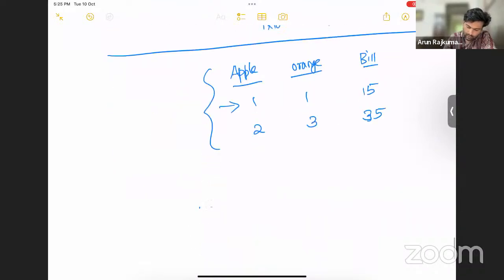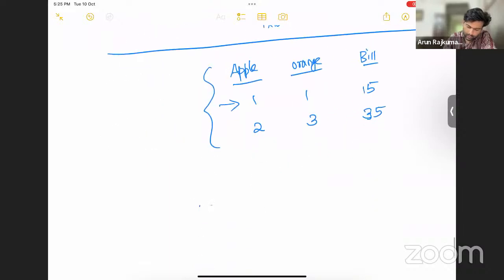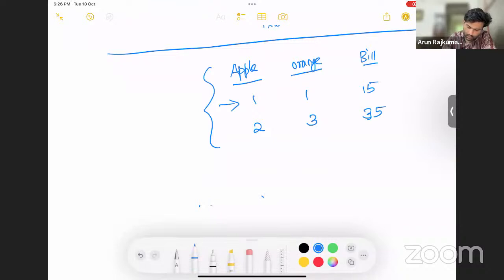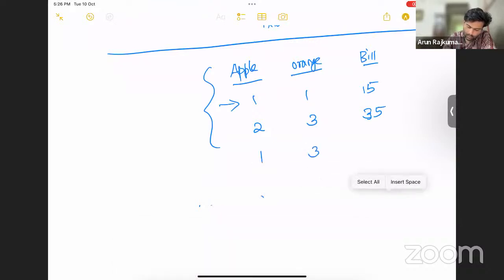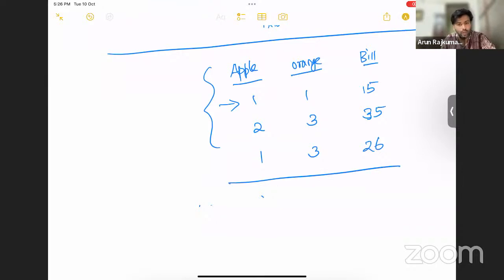Yeah, 2, 3 is 35. Okay, so let's say now this is the question, right? So I do this for 3 days, and I observe that these are 3 different stores. First day it was 15, the second day it was 35, the third day it was 26. Now how much is 1 apple and 1 orange?